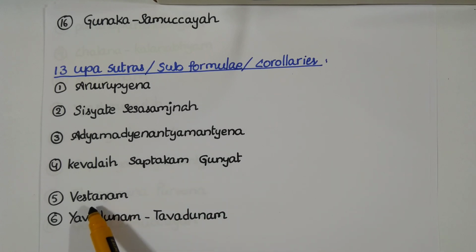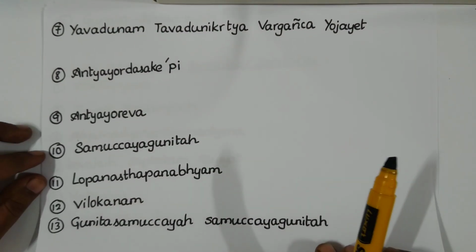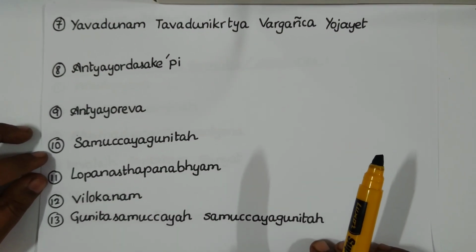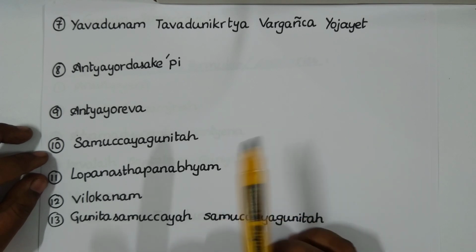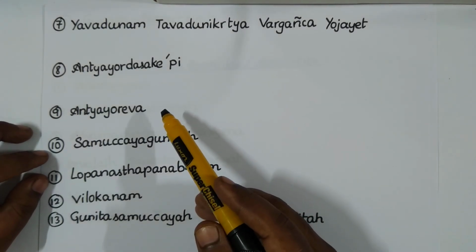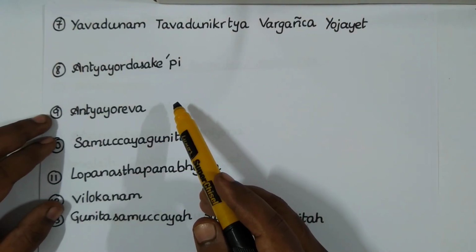Fifth one is Vestanam. Sixth one is Yavadunam Tavadunam. I just listed out all these formulae and subformulae, and in our subsequent lectures we will try to unlock everything in great detail.